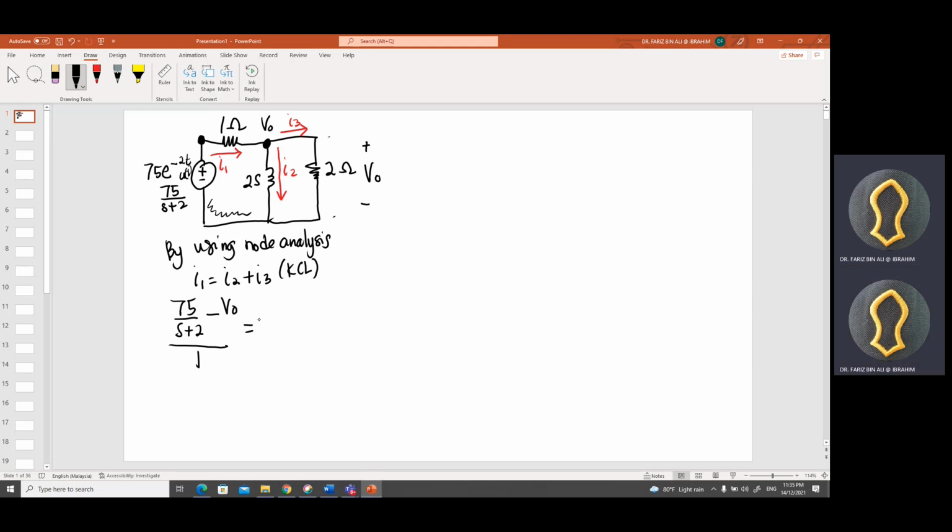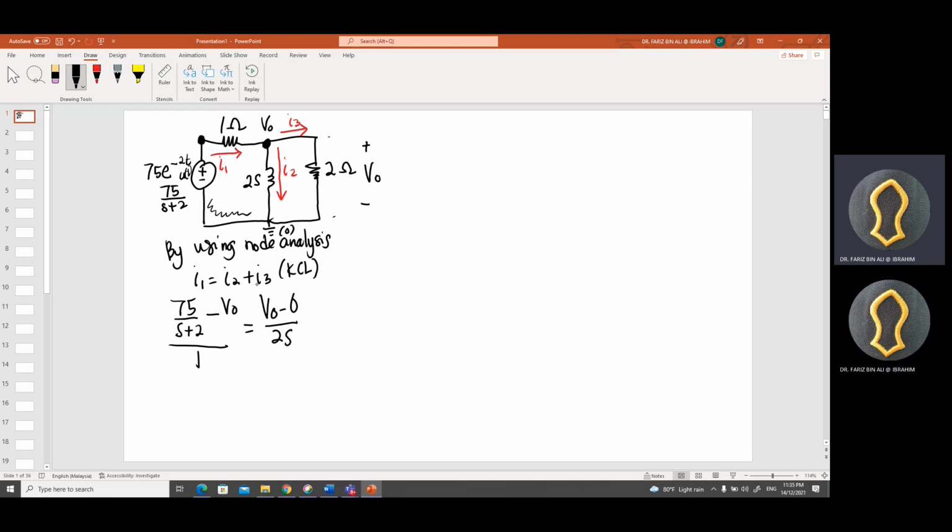I1 equal to I2 plus I3. What is your I2? I2 is between V naught and the reference node. The earthing here is the reference node, or this is 0. So your I2 is V naught minus 0 divided by 2S, Ohm's law.